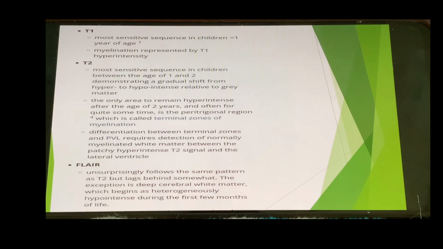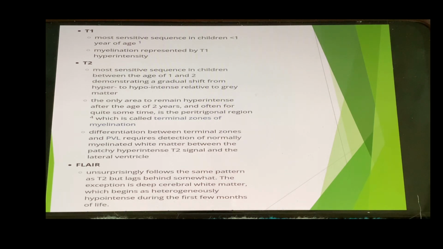In a normal brain MRI, we have three sequences: the T1, T2, and the FLAIR sequence. The T1 is the anatomical sequence where the gray matter is gray and the white matter is white.